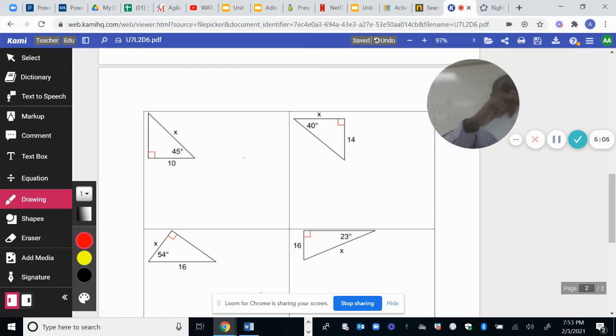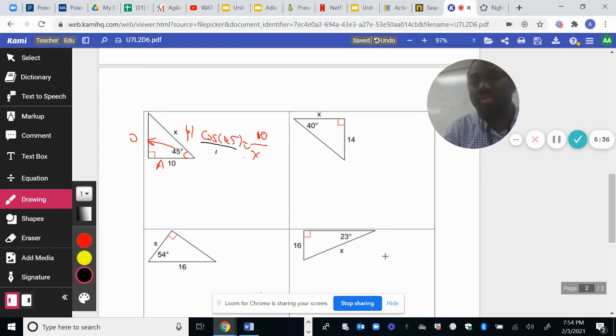we're going to quickly solve these problems down here and we're done for the day. So you're going to do the same thing. You have the information about this angle. Here is the opposite, this is the hypotenuse, and this is the adjacent. Since you have information about the adjacent and the hypotenuse, you're going to write cosine 45 equals adjacent 10 over hypotenuse x.